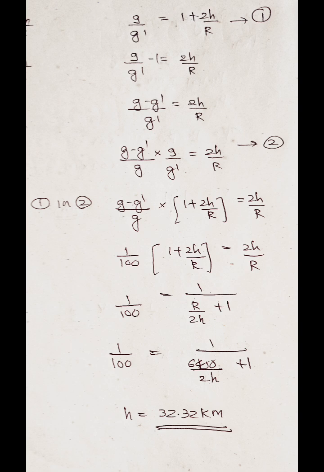So 1 by 100 into (1 plus 2h by R) is equal to 2h by R. That is, 1 by 100 is equal to 1 by (R by 2h plus 1). That is, 1 by 100 is equal to 1 by (6400 by 2h plus 1). Solving this, we get h is equal to 32.32 km.